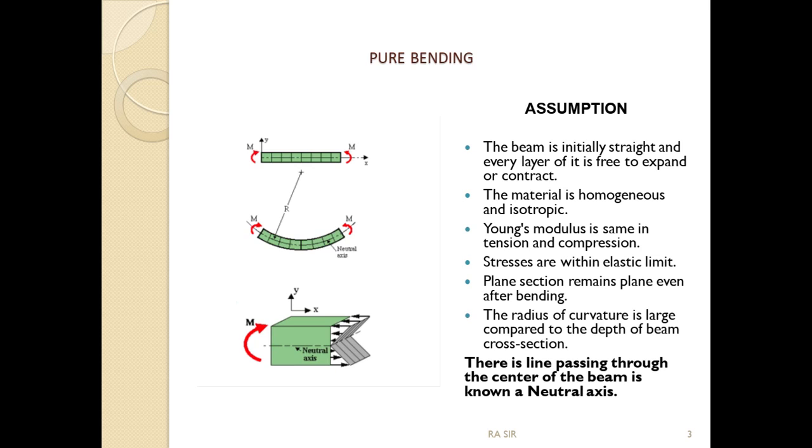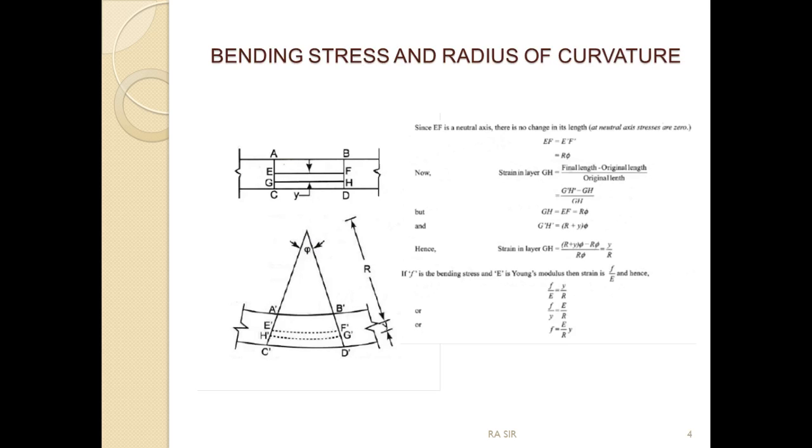Now from this assumption we have to make a relation between bending stress and radius of curvature. In this particular part, we have a beam here, and my cursor is showing you this beam.